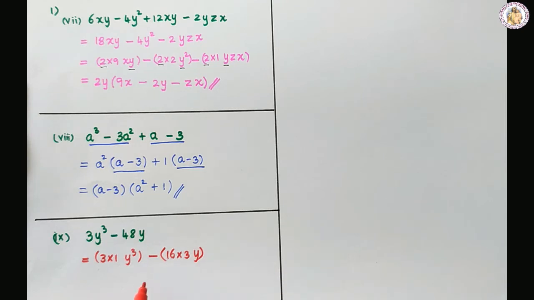In both the terms 3 is there and y. Y power 1 is taken out. 3 and y taken out, what is remaining here? I take 1 in the power, balance 2. So y squared minus, here 3y is taken out, so 16 is the balance.